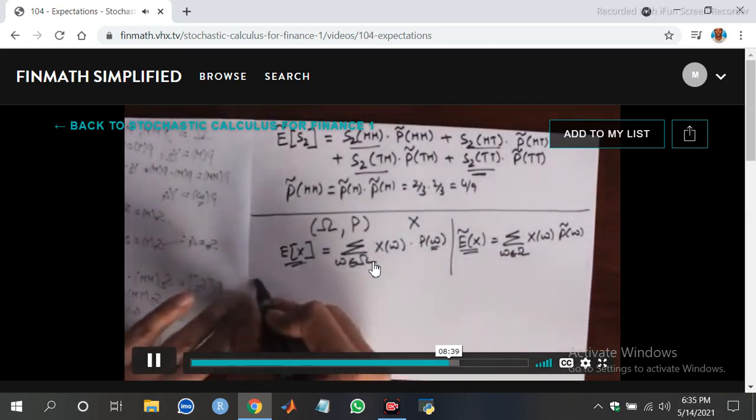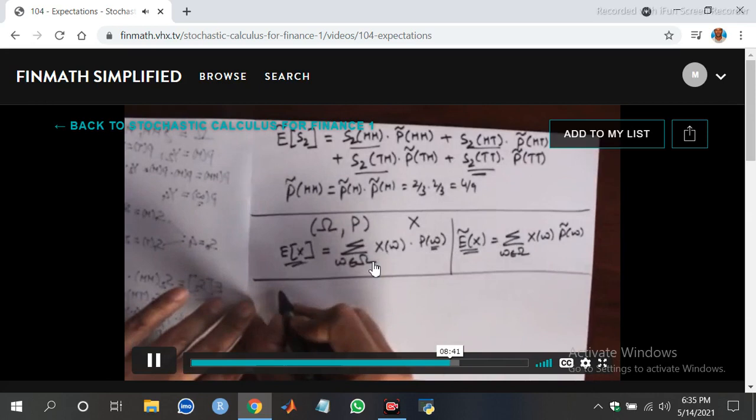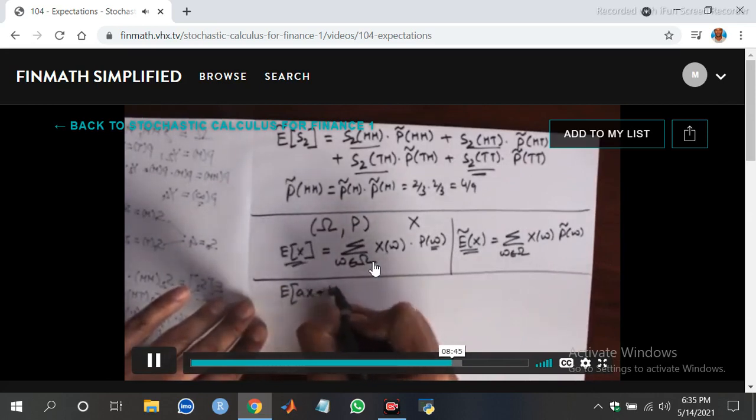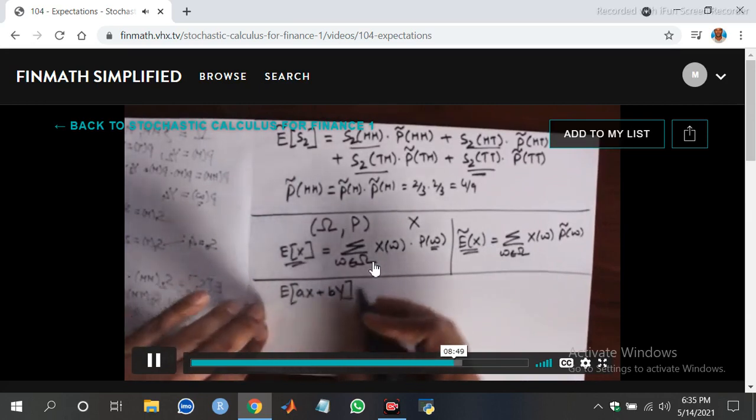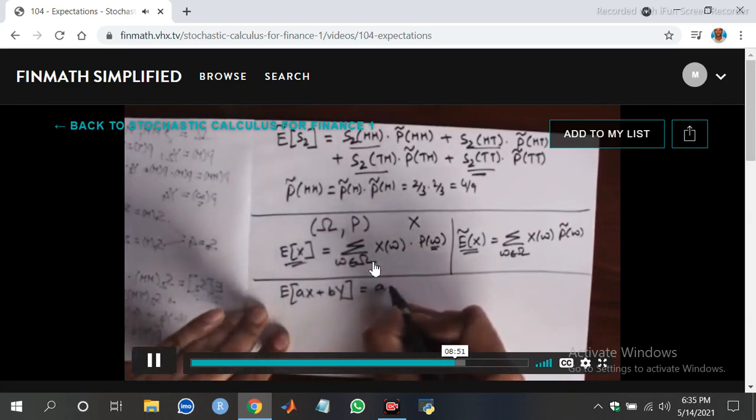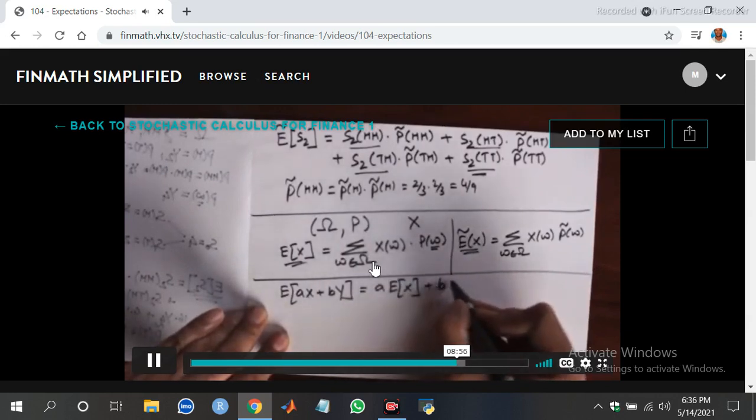Okay, now expectations are linear. So for example, if you have a times x plus b times y, where x and y are both random variables and a and b are constants, this would be a times the expected value of x plus b times the expected value of y.